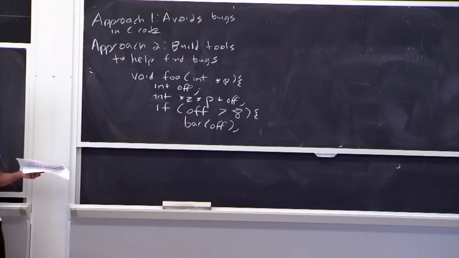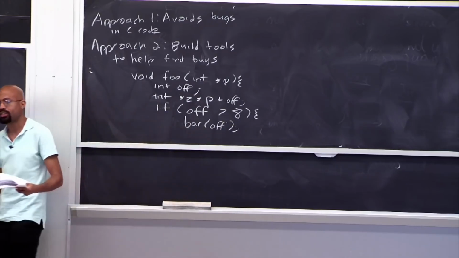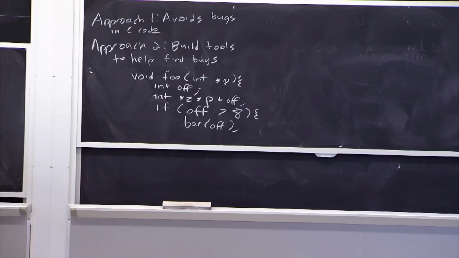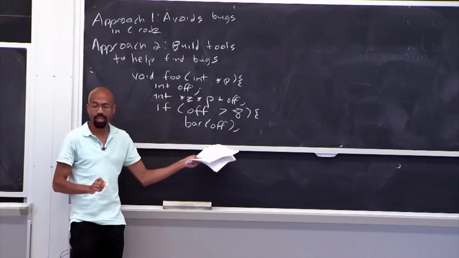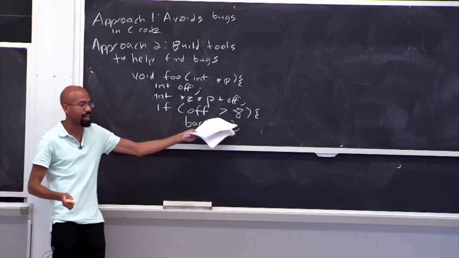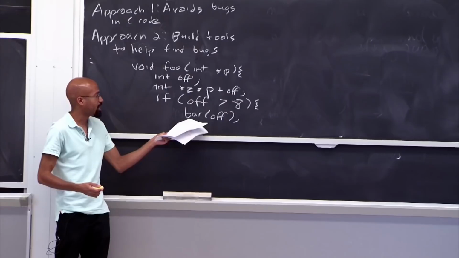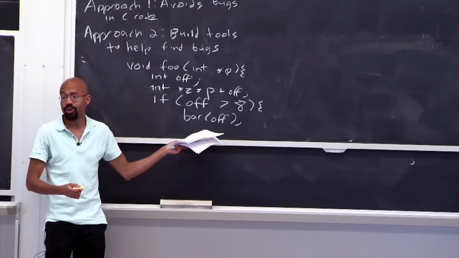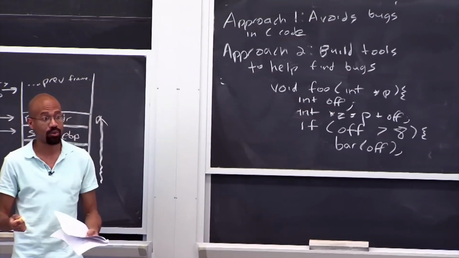Now, one thing you can note is that this branch condition actually tells us something about what the value of offset is, right? Ignoring the fact that it wasn't initialized, once we get here, we know that offset actually has to be greater than 8. So in some cases, we can propagate that constraint, that notion that offset must be greater than 8, into our analysis of bar. So when we start statically analyzing bar, we know that offset can only take certain values.